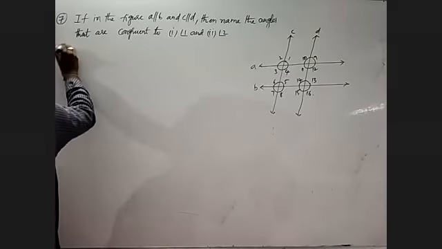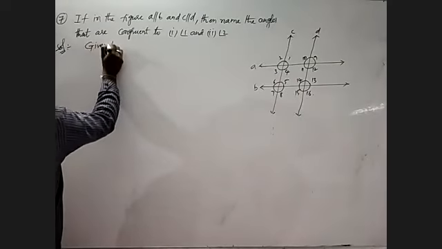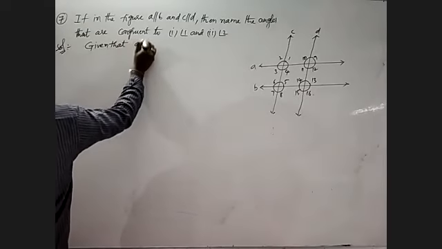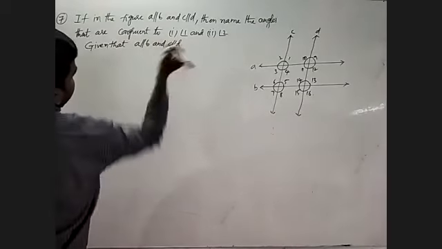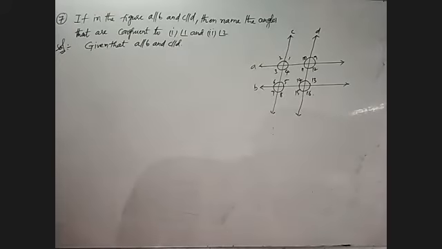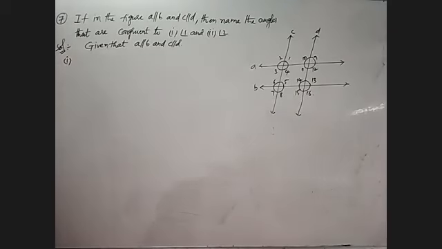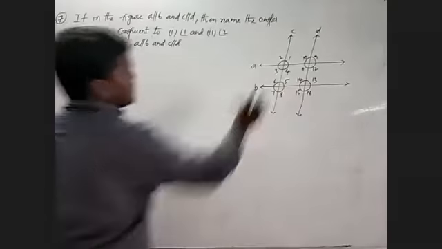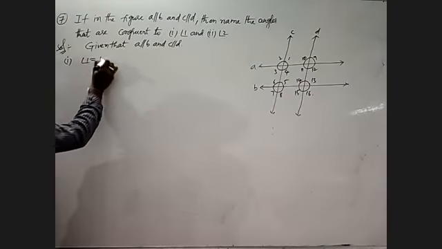Okay, first I will write what is given in this one. Given that A is parallel to B and C is parallel to D. This is the given one. After, we'll discuss. First, angle 1 is equal to angle 3.